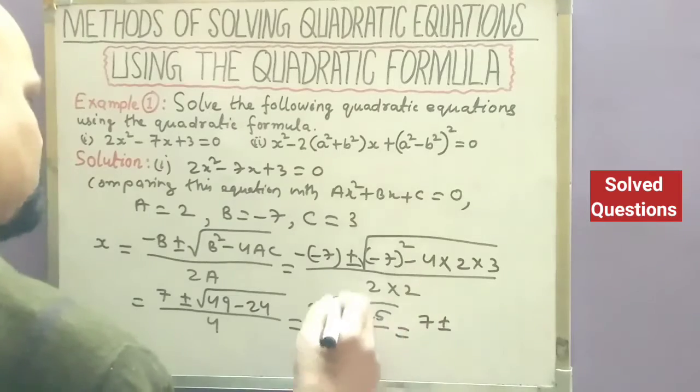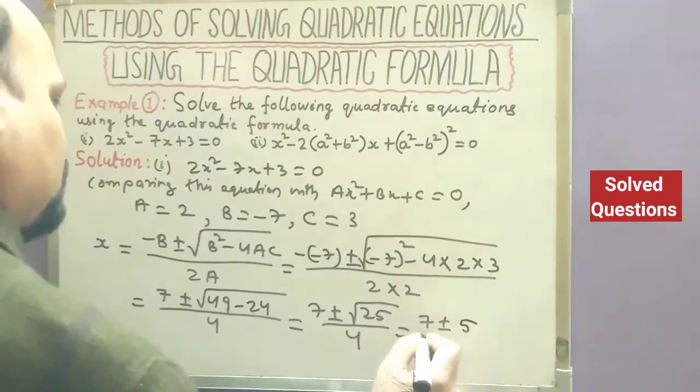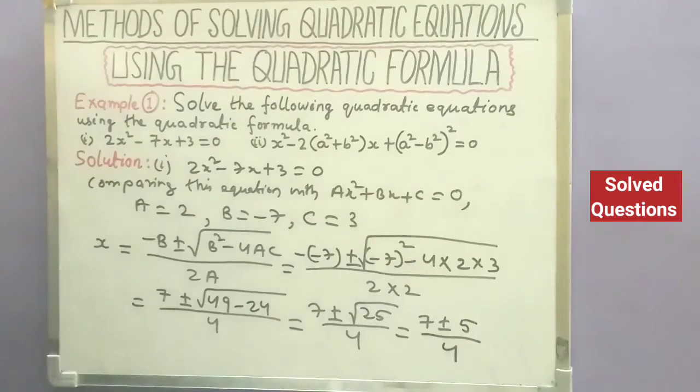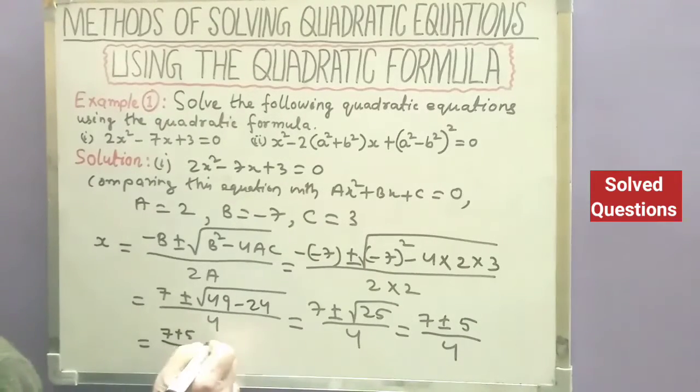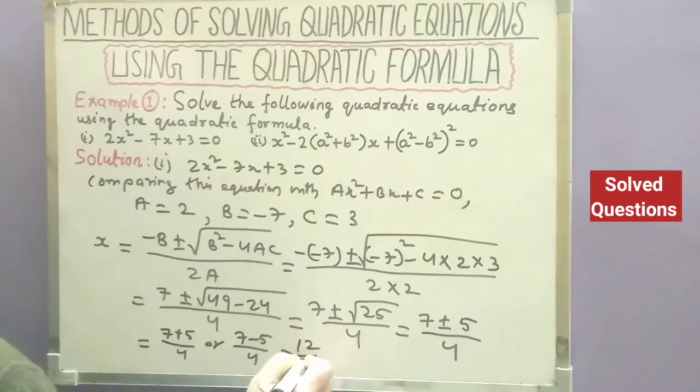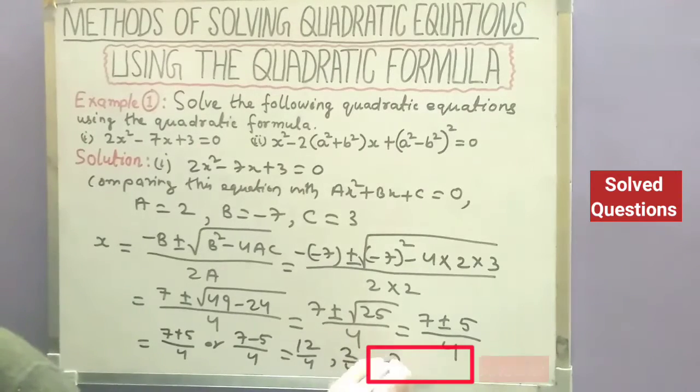Now square root of 25 equals 5, so x equals 7 plus 5 upon 4 or 7 minus 5 upon 4, that is 12 upon 4 or 2 upon 4, that equals 3 by 2. These are the values of x.